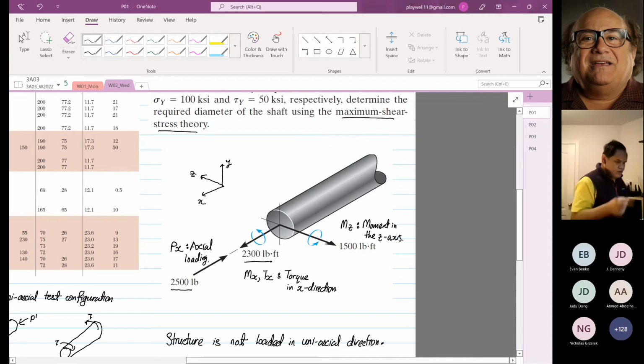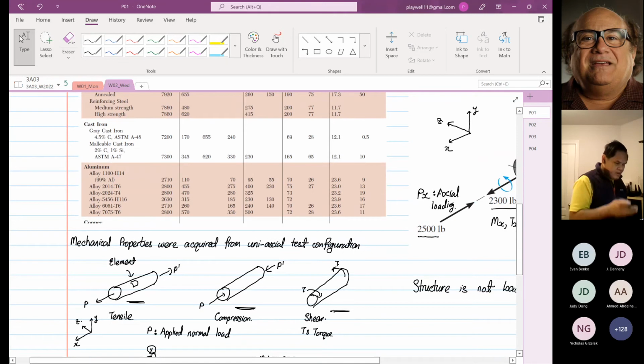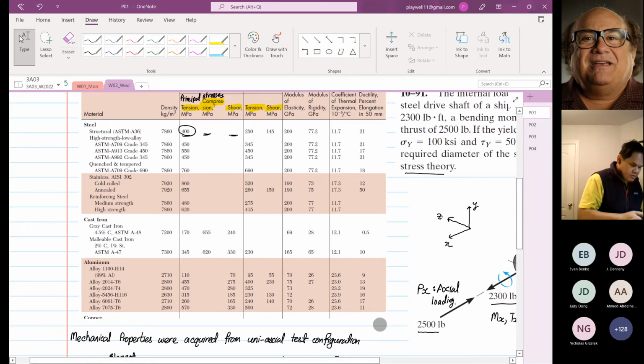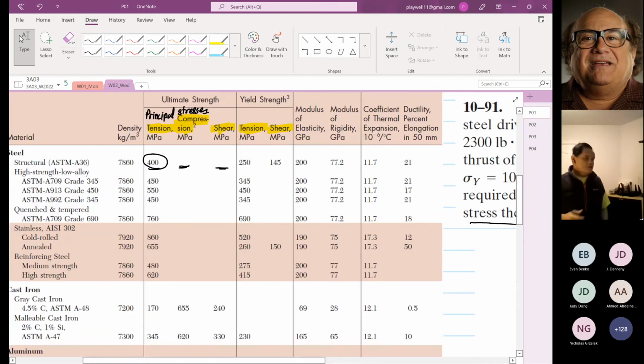So the loading condition now is not the same as what you see over here. Then how do we choose the material based on the data given here? How do we know that the structure will not fail? That's where we really have to be cautious about this.